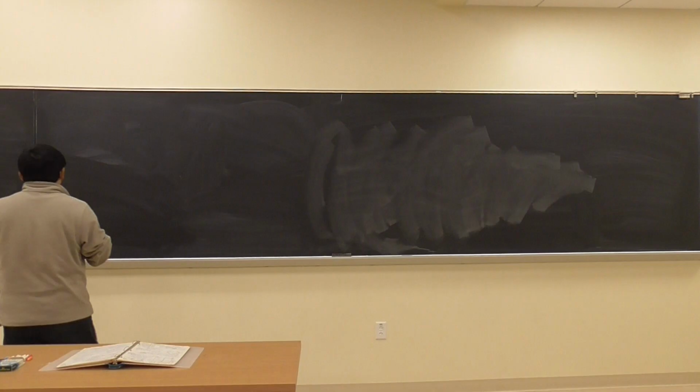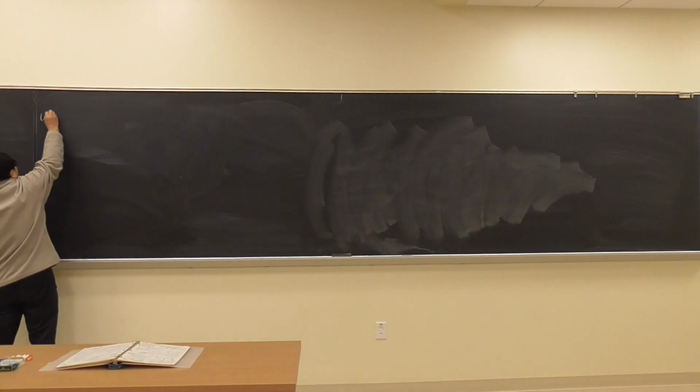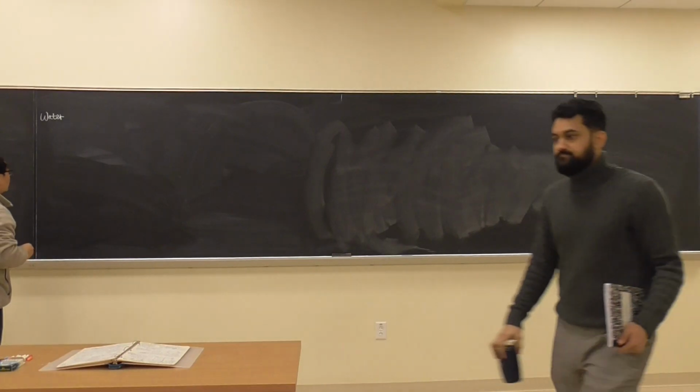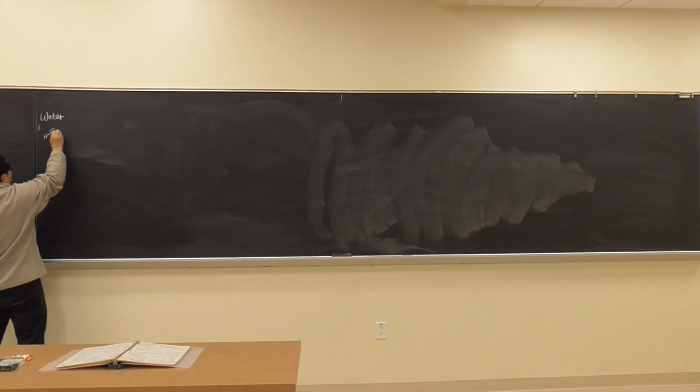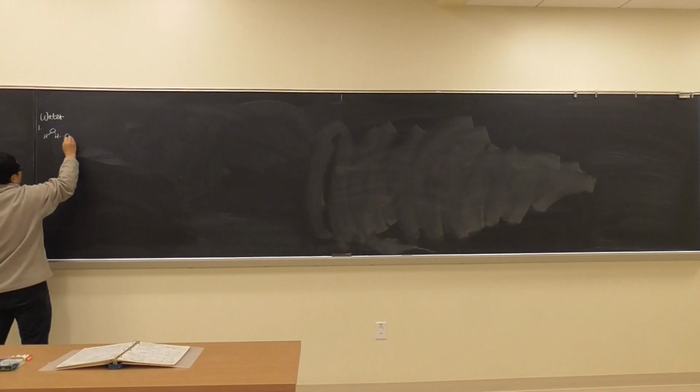So let's talk about some of the water. We already finished the majority of that, so let's do some review. We talked about the water molecule. It looks like this: covalent bonds connected with hydrogen bonds. We call it delta negative, delta positive.